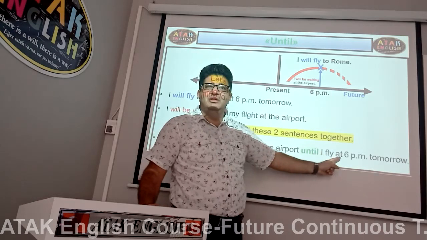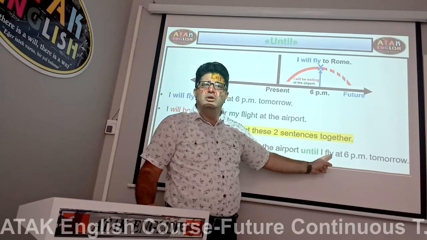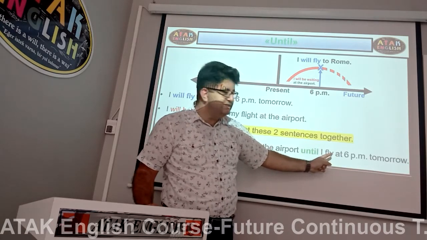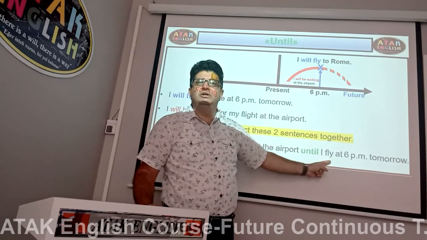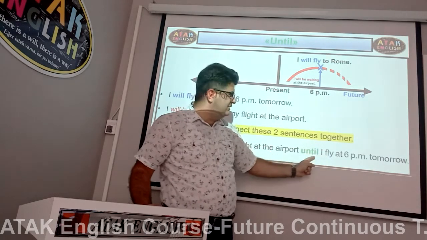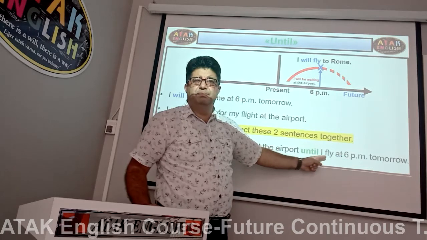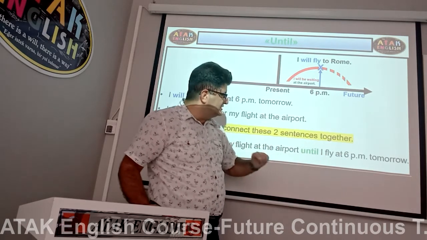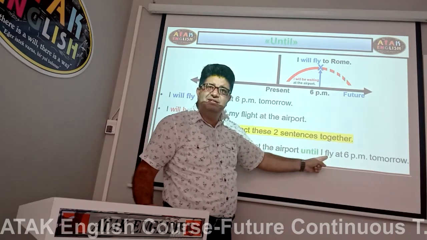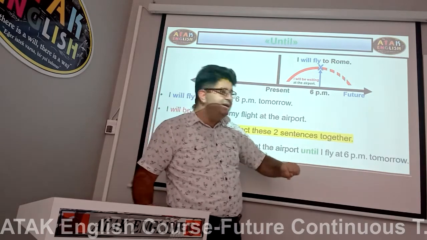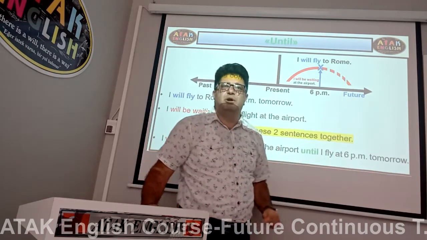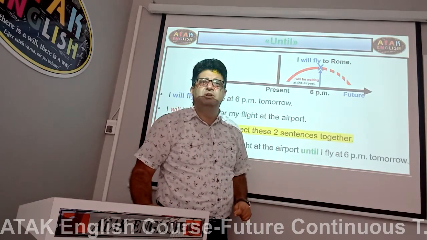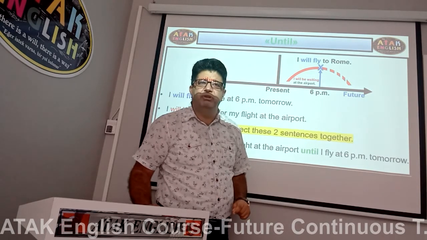Until conjunction, until clause, in simple present tense. Why don't I use the until clause with simple future? Because I use simple present tense, and by using 6 p.m. tomorrow, by using a future time expression, I'm given the meaning of future tense already.